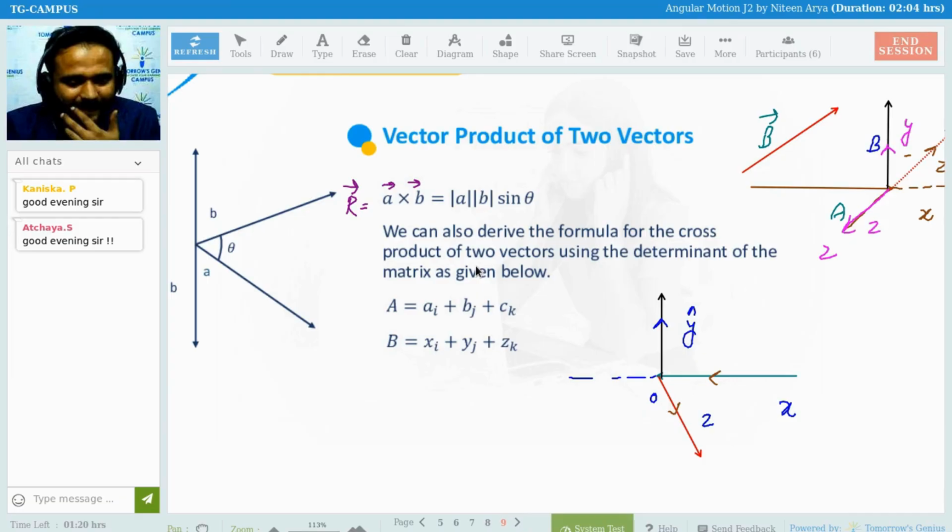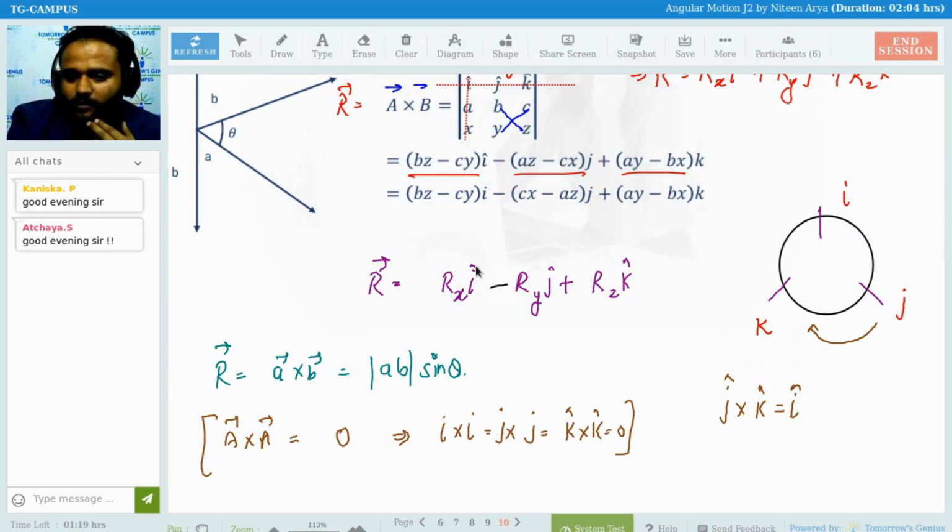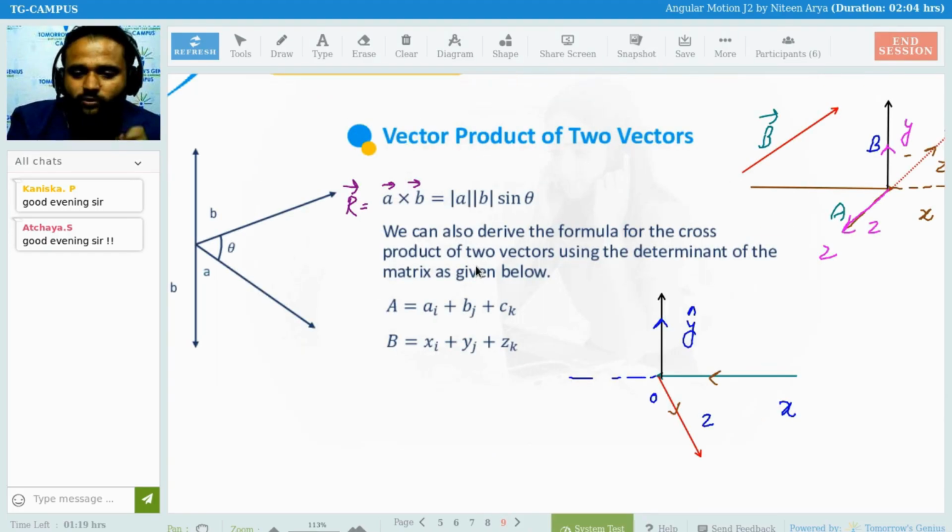In this way we can find the negative. So you can see that I do this x cross j and get positive of y, I mean this k. So when I go anti-clockwise, either I need to put a negative sign or I get this. Okay, what I'm saying, stick to this.